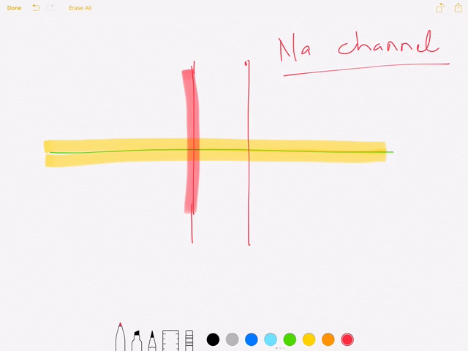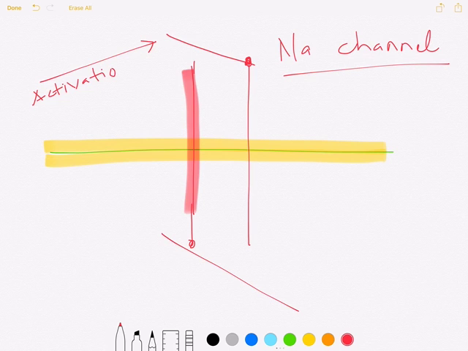So these sodium channels have two gates. A gate which opens the channel. Let's make one gate here, another gate here. And let's call this gate the activation gate. So they have two gates, the activation gate, and inside the cell there's a gate called the inactivation gate.